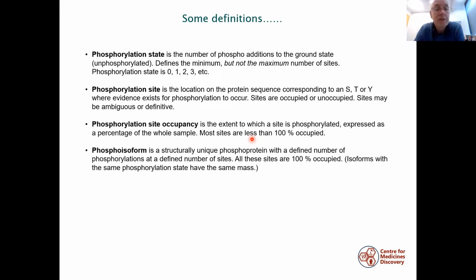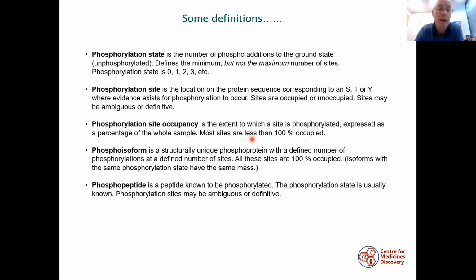A phosphoisoform is a structurally unique phosphoprotein. It has a defined number of phosphorylations at a defined number of sites, and all of these sites are 100% occupied. So if you have isoforms with the same phosphorylation state, they will have the same mass. A phosphopeptide is a peptide which is known to be phosphorylated. So the phosphorylation state is usually known, and a phosphorylation site may be ambiguous or it may be definitive.